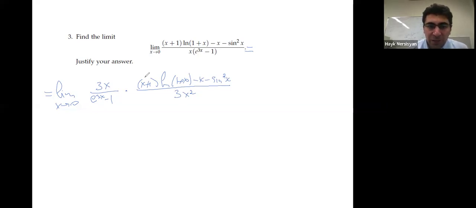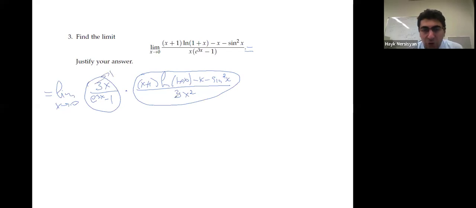To find the limit, let's do the calculation of the limit of this part. Here we have something that tends to 1. So maybe we can apply here L'Hopital's rule.